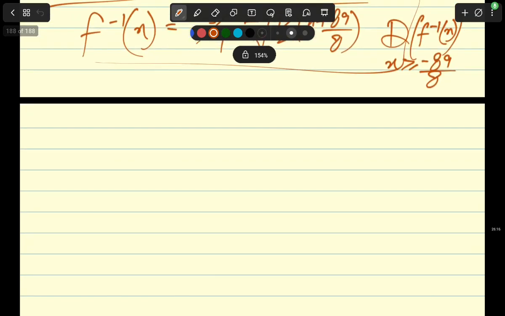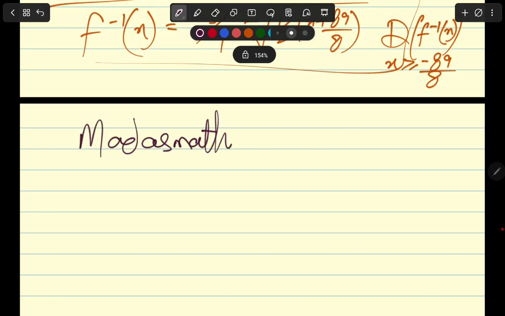Now, because functions is such an important part of your P1 syllabus, and not just for P1, even for your understanding of P3, if you develop your basics very well, which is only going to be through practice, I would recommend that you follow a few channels. You can go on Medes Math to practice.